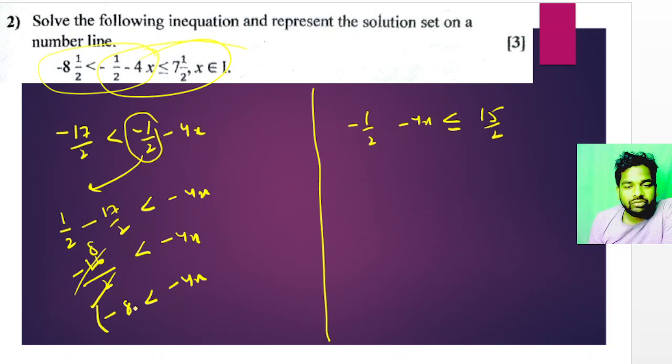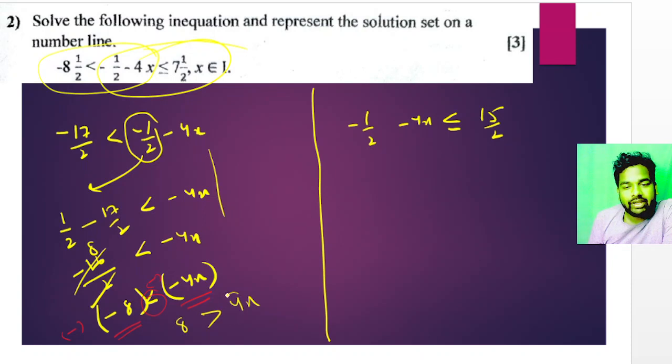Now when you multiply both sides with minus, there is a property that when you multiply both sides by a minus, the sign is going to change. So you can write here, if you multiply minus into minus, it is going to be 8, and it is going to be greater than 4x.